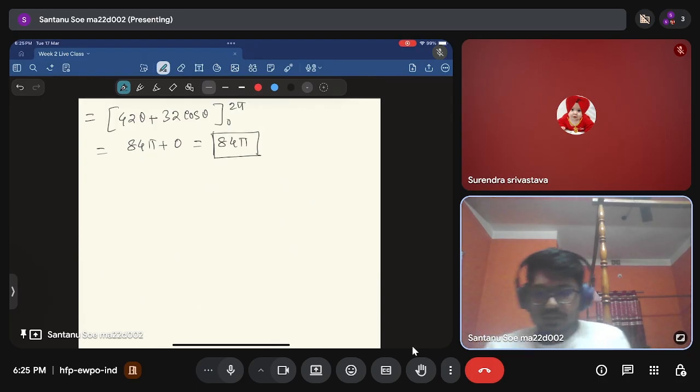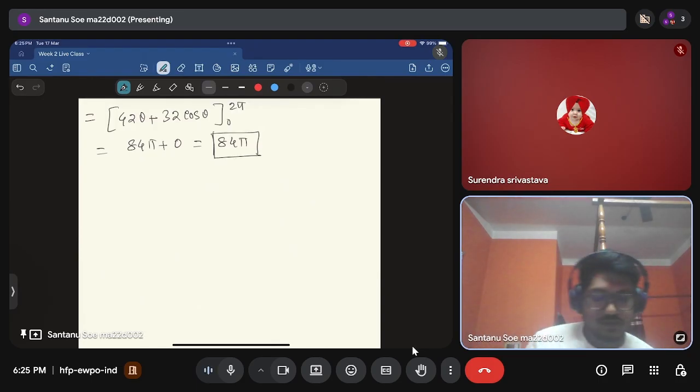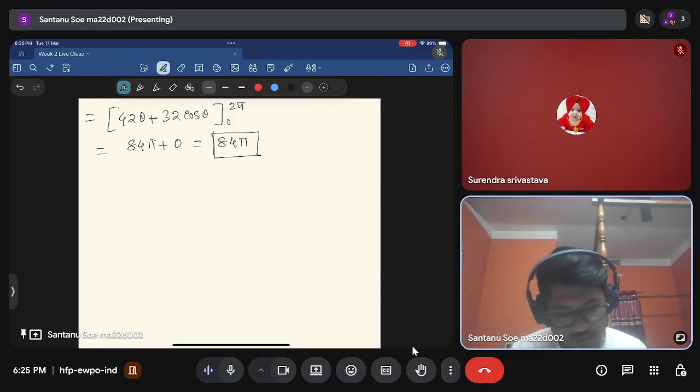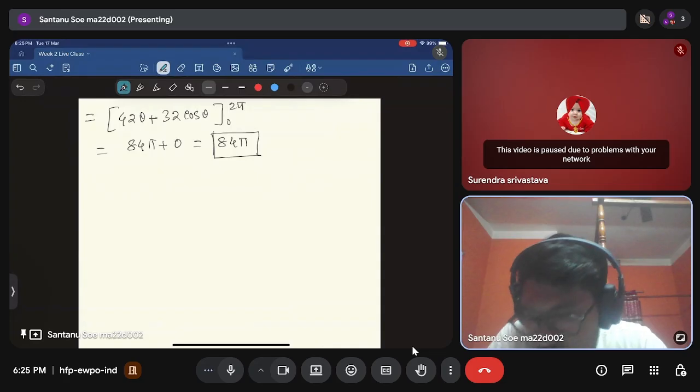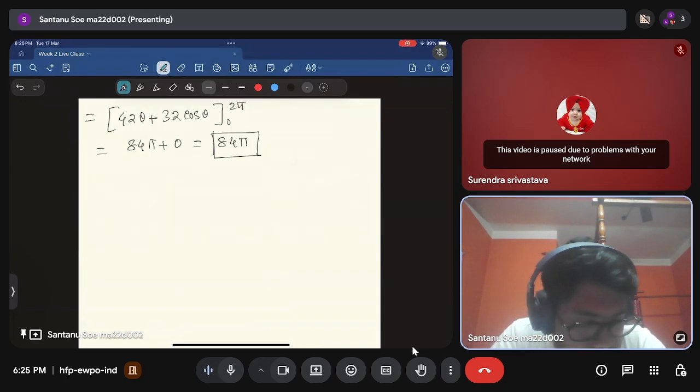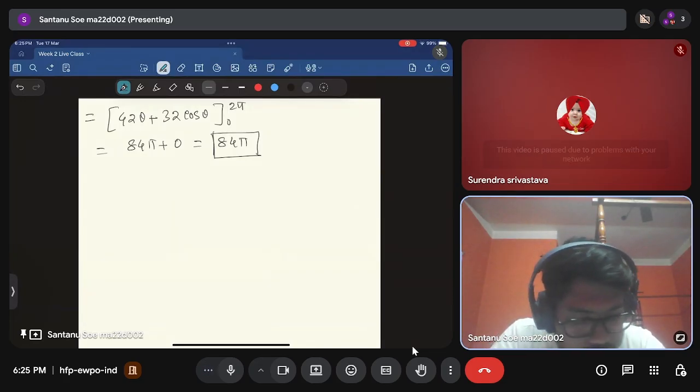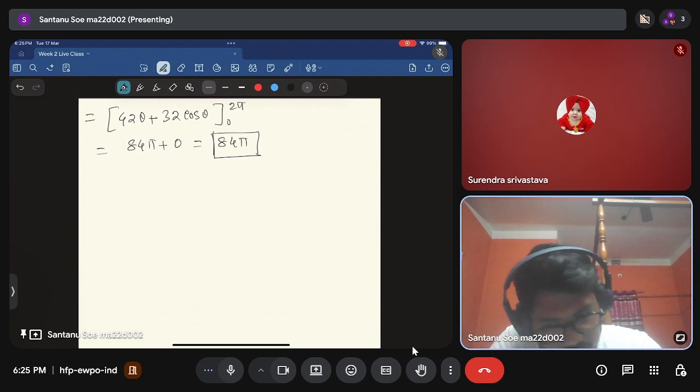So for the right hand side, that is for the volume integration, it should be 84 pi. Now, since we are verifying the Gauss divergence theorem, similarly for the surface integration this value should also be 84 pi, correct?